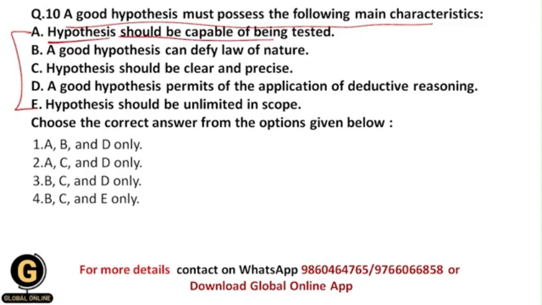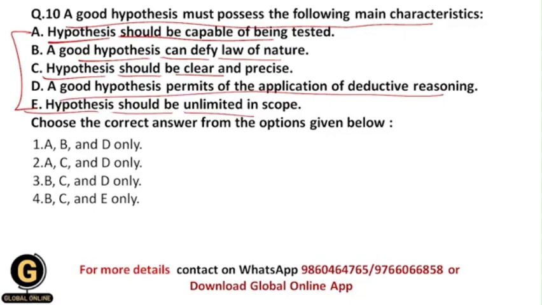So we should be able to test the hypothesis. A good hypothesis can defy law of nature. So it means that a good hypothesis denies the law of nature basically. Hypothesis should be clear and precise. A good hypothesis permits of the application of deductive reasoning. Hypothesis should be unlimited in scope.